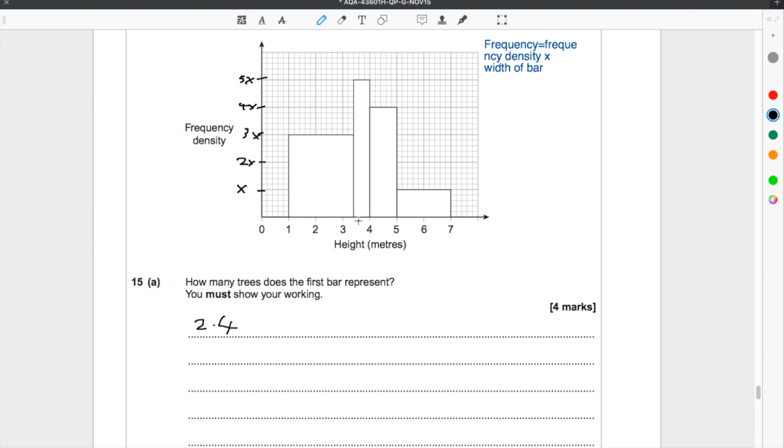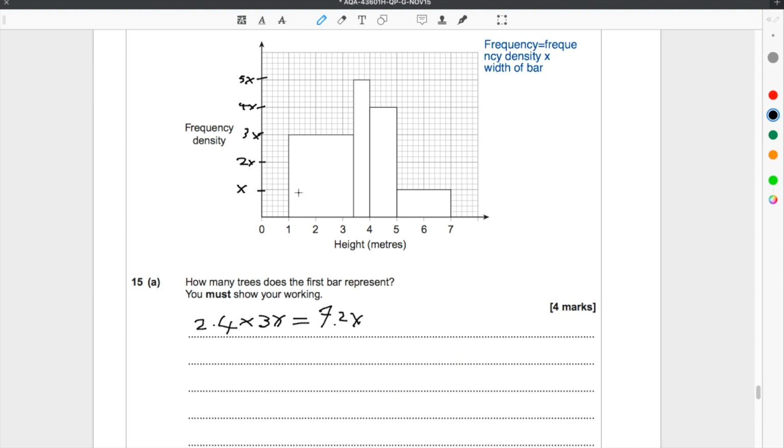So 2.4, the width of the bar, times the height, which is 3x. So 2.4 times 3 is 7.2. So here we have 7.2x.